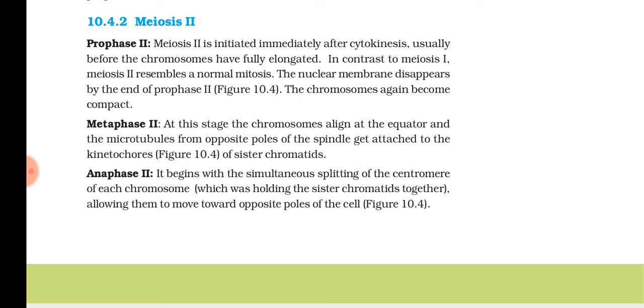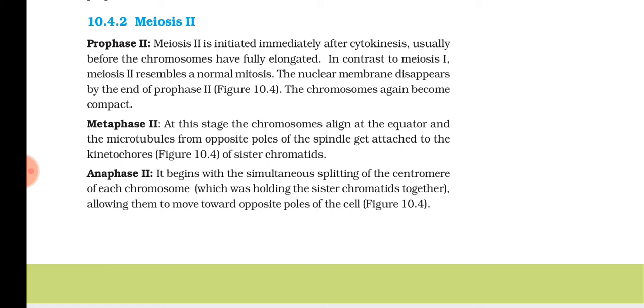Metaphase 2. Again in each cell, actually in the parent cell after meiosis 1, you can see that 2 cells will be formed, isn't it? And in each of these 2 cells how many chromosomes will there be? 23 chromosomes. Why? Because from the equatorial plane of the metaphase, only half of the chromosomes were pulled towards the pole. So only 23 chromosomes will be there, and they will get aligned in the center of each cell.